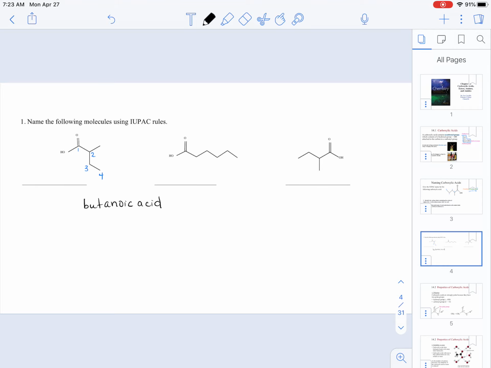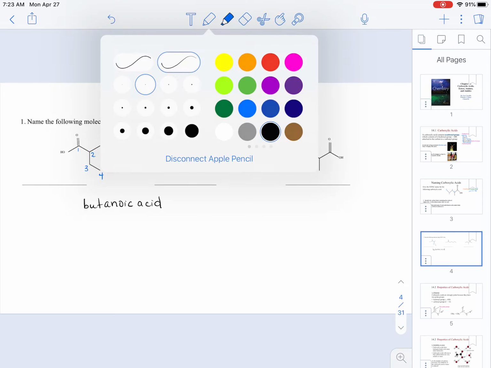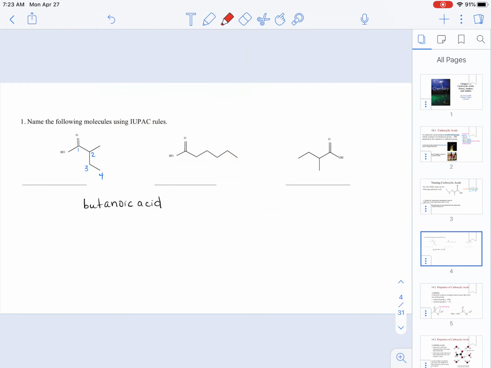And in here, on carbon 2, we have a substituent, a methyl group. So the name of this compound is 2-methyl butanoic acid.